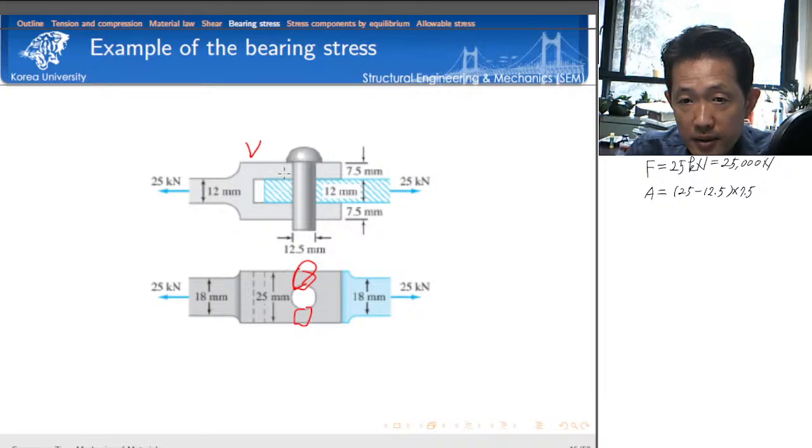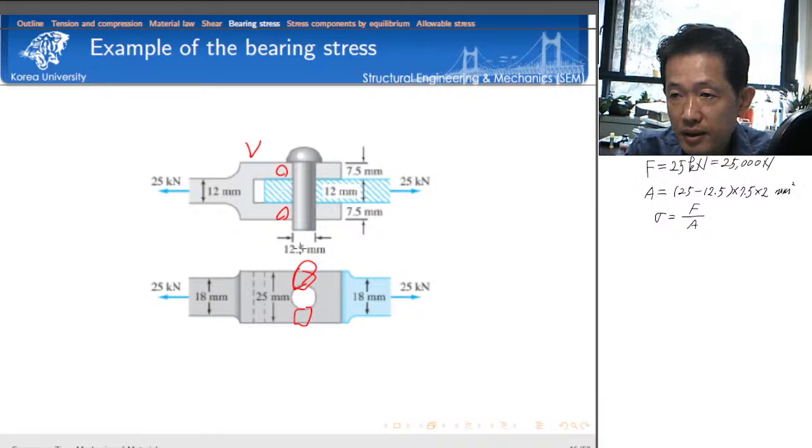And then how many plates? We have 1 and 2. Two different plates. That's why we need to multiply 2. And the unit is millimeter square. So then here we can calculate the tensile stress very easily. The force divided by area. For the detailed calculation, try it by yourself.